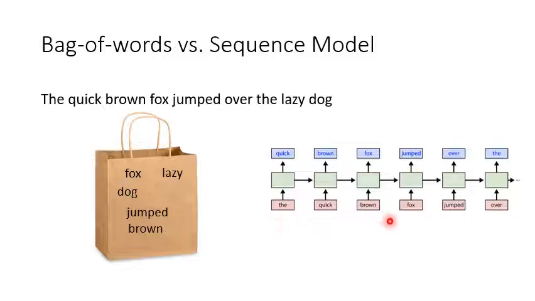The quick brown fox jumped over the lazy dog. Sequence models consider the temporal relationship between words. So they are more advanced, but bag of words models are still very effective. Word2vec is one kind of bag of words model.